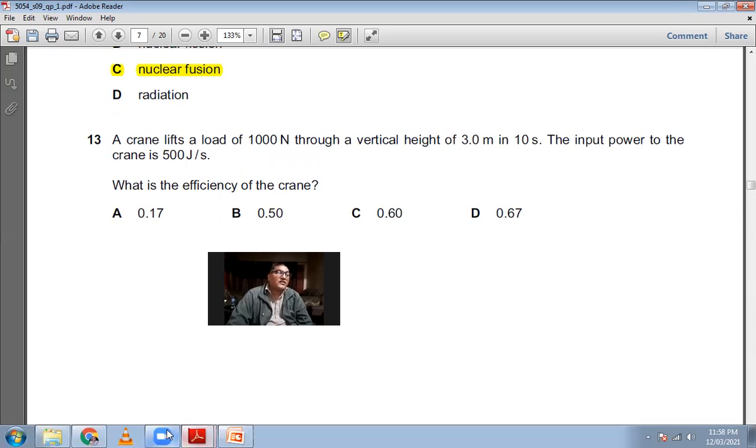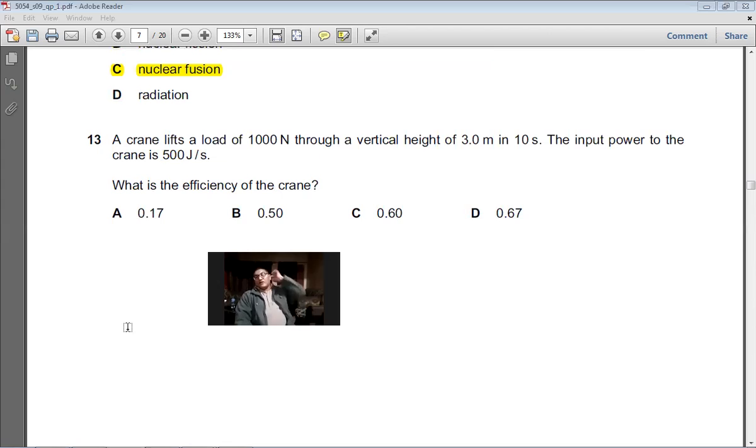We can find out the output power, and power is work done divided by time. The work done will be weight into the vertical height, divided by time. Once you know the useful output power, you divide it with the input power, and that will give you the efficiency. So let me show you.